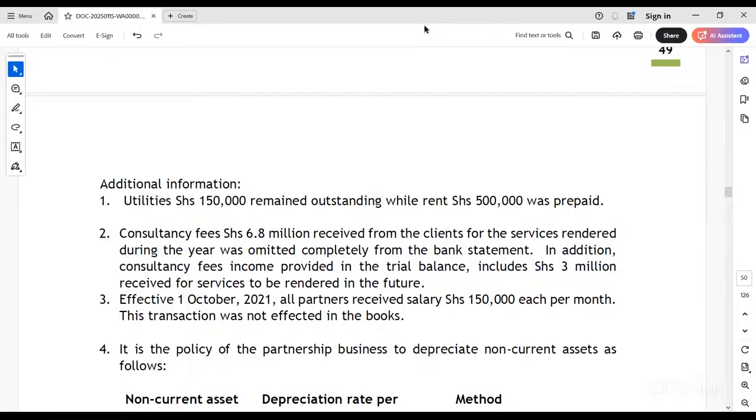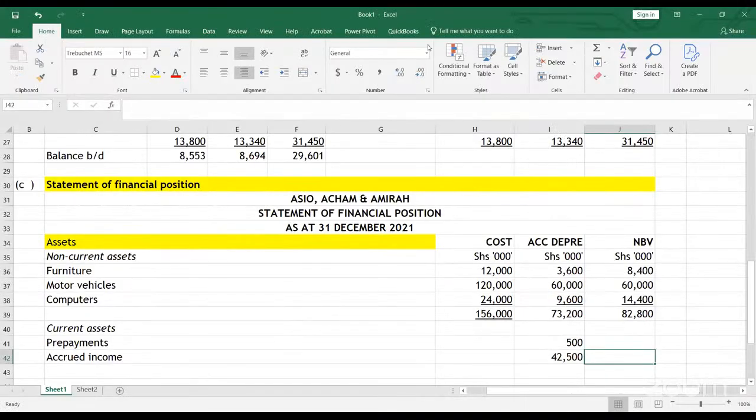Let us bring our cash and the bank. Do we have cash? Oh, it's bank. Initially, it was a bank overdraft, I think. There is a bank overdraft down there of 1,200.